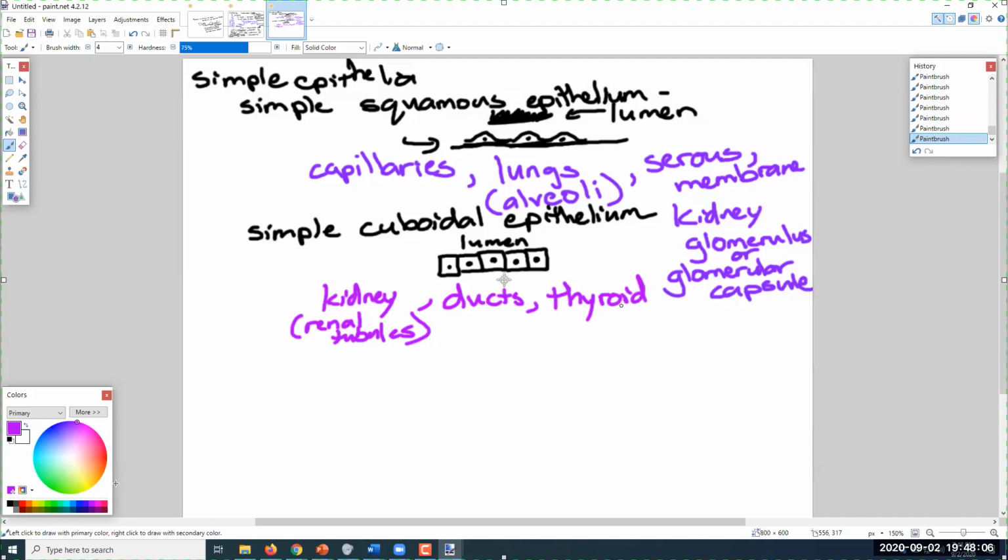Okay, let's go on to the next one here. The next one will look something like this. Okay, and here's the lumen again. So what type of tissue is this now?